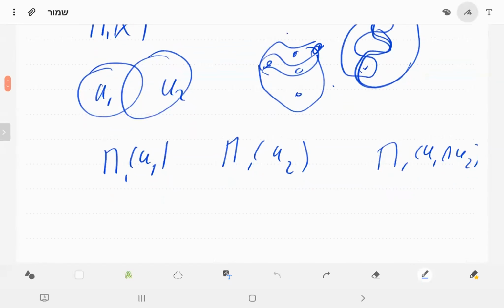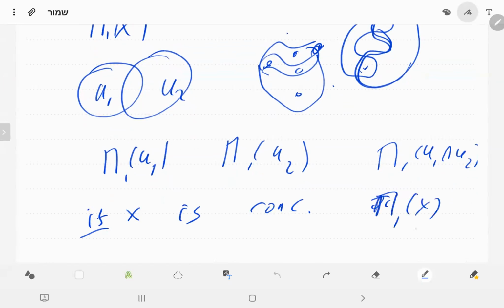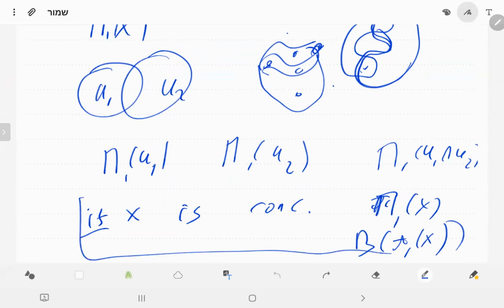So if X is connected, then capital pi1 of X equals B little pi1 of X. This is a simple exercise.